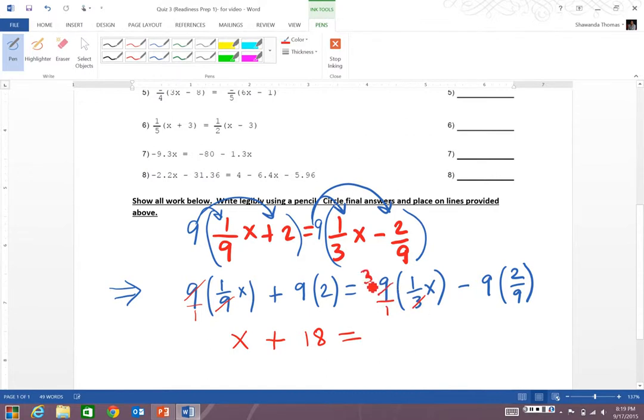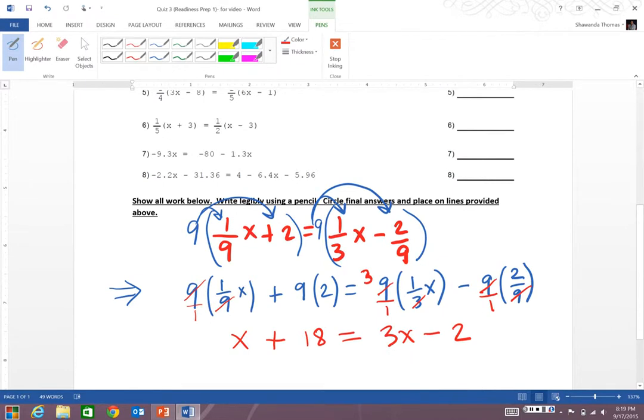So I have 3 times 1, which is just 3. And I bring down my x minus. Again, I have my fractions. I know that 9 cancels with the 9. And the only thing that's left is a 2. So I write that down. Notice how we got rid of fractions right from the start. If you don't get rid of all your fractions, you did not multiply by the correct number. Alright, so you shouldn't have fractions in this next step.